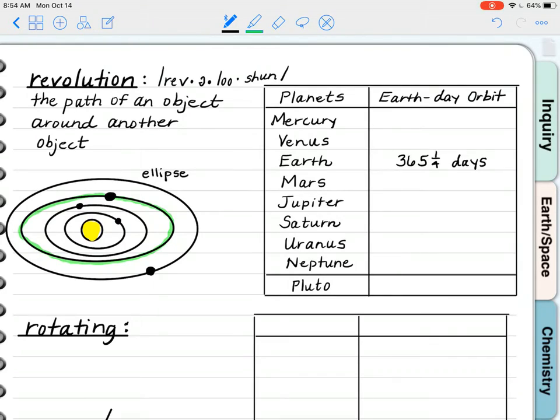And then as we go out into the solar system, that orbital time is going to increase. Mercury takes 88 Earth days to make one full orbit around the sun. Venus is 225. Mars is almost double Earth's time. Mars takes 686 days to make a full orbit. Look at Jupiter.